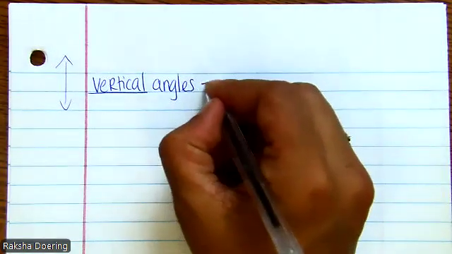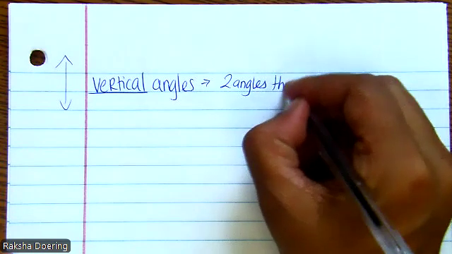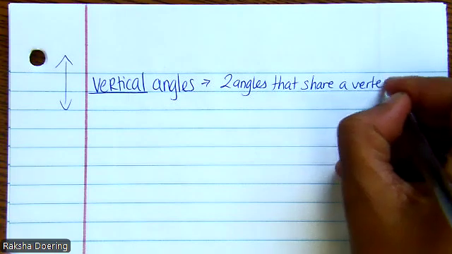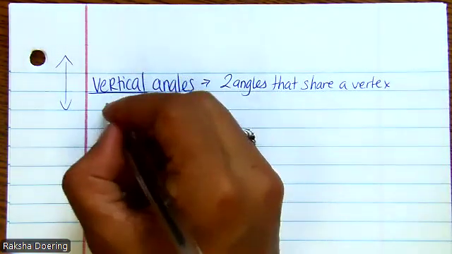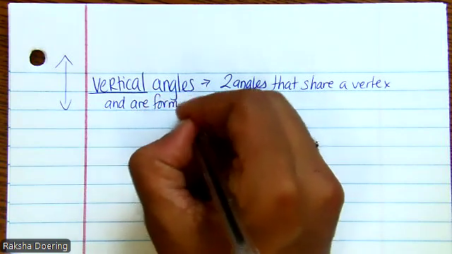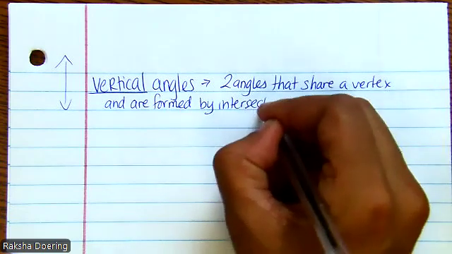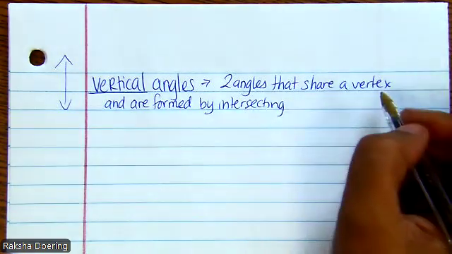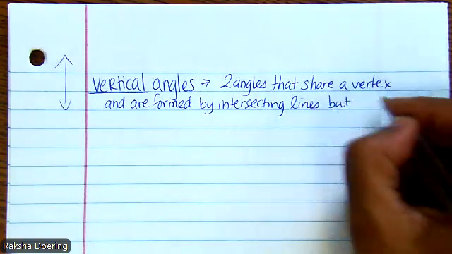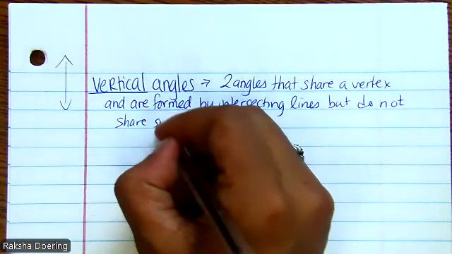So vertical angles are two angles that share a vertex, and a vertex is a corner, and are formed by intersecting lines. And I'll draw a picture in a minute. So two angles that share a vertex and are formed by intersecting lines, but do not share sides.